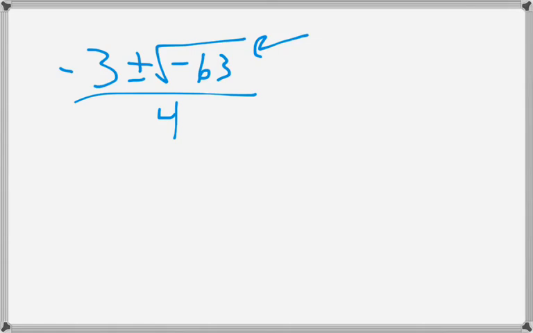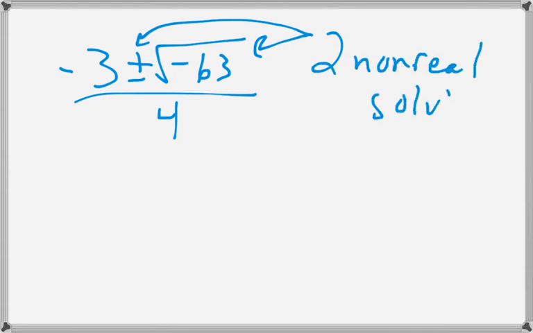So here we don't get any real solutions. We do get, because of the plus or minus, 2 non-real solutions. Okay, so if the discriminant is positive, we get 2 real solutions. If the discriminant is negative, we get 2 non-real solutions.